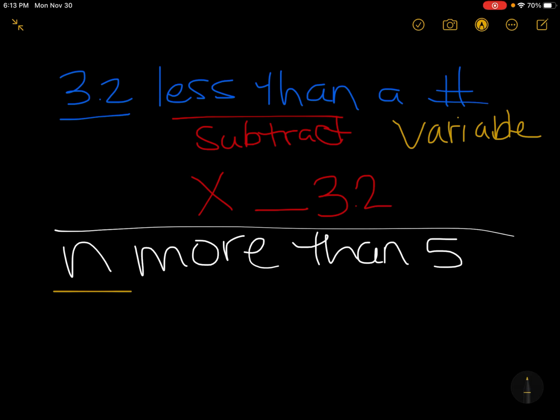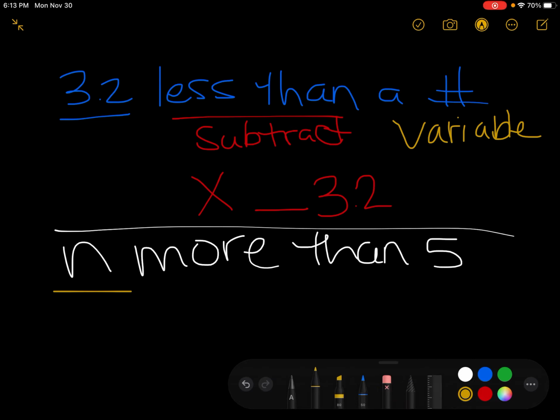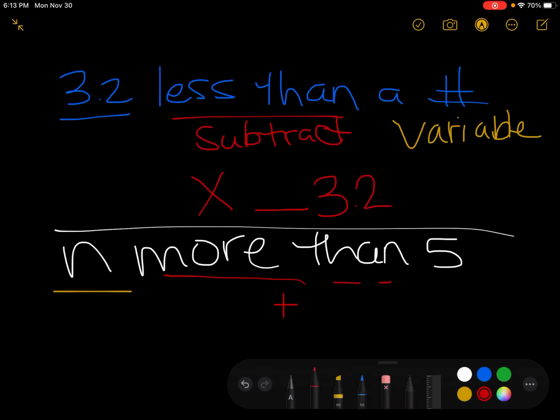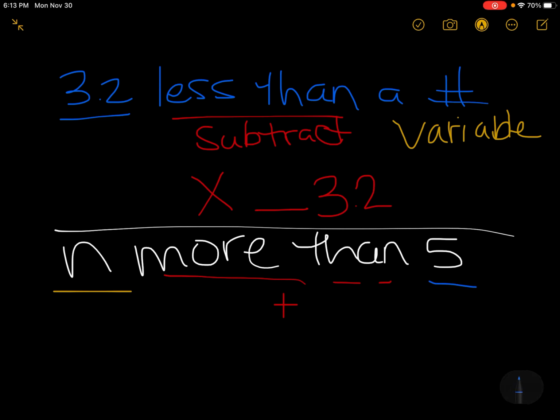We don't currently know what that is now, so we're going to say n. N more than translates to addition. And then you have the number 5. Just a typical number that we are going to put in our problem. So n more than means that we are going to be adding n to something.